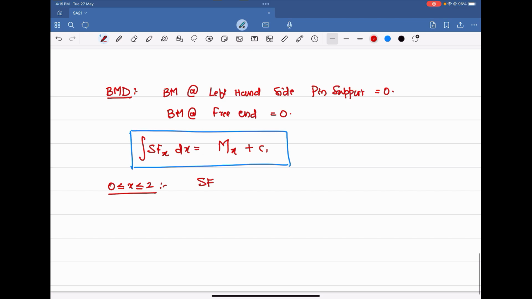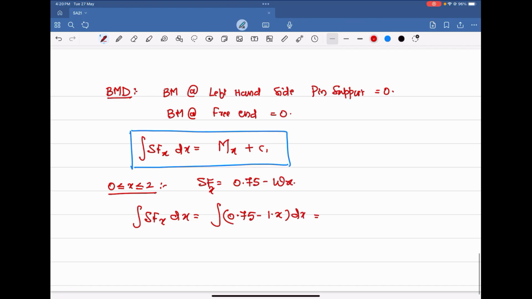Shear force is equal to 0.75 minus Wx. Integral of shear force at x dx is equal to integral of 0.75 minus W, which is 1, into x dx.